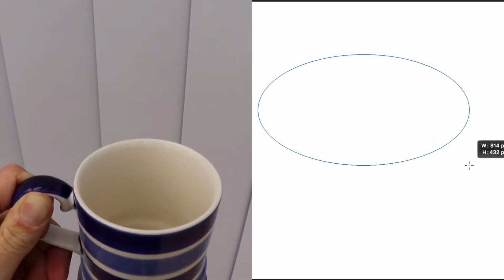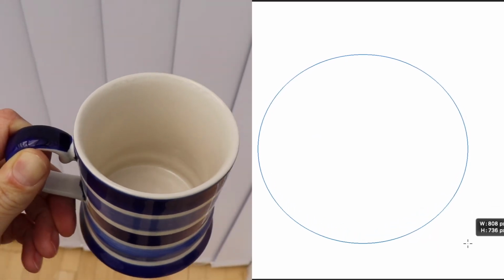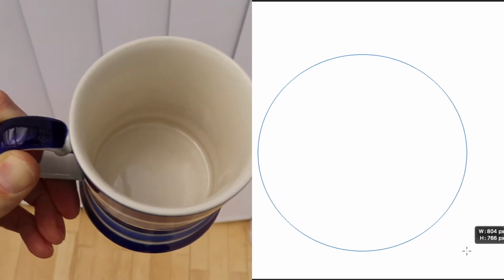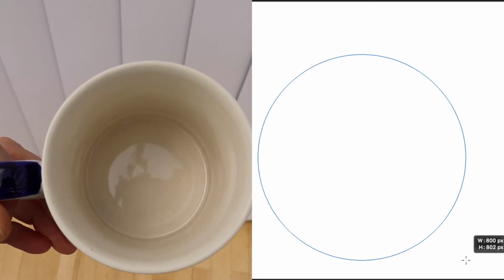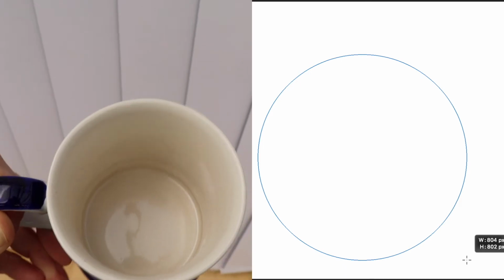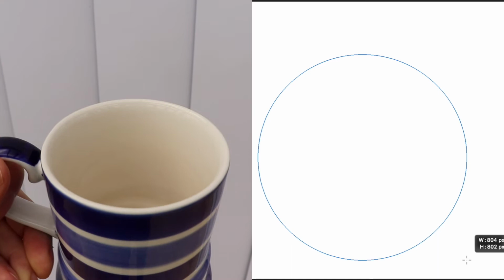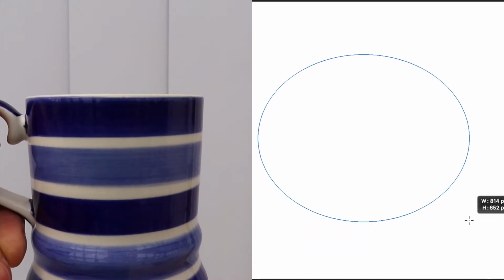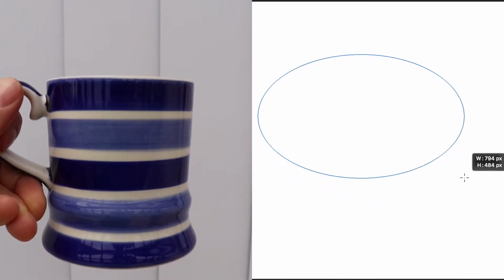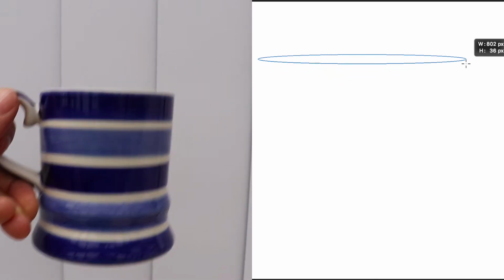We're starting to put our head over the top of the cup, till eventually, once we get absolutely over the top of the cup, it will become a perfect circle. Okay, so that's us looking straight into the top of a cup, and as we come back from the side, again, the ellipse gets smaller and smaller until it becomes tiny and then flat.